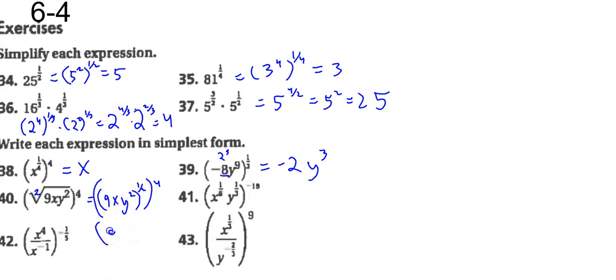That's going to be 9xy squared to the 2nd, because that's really a power of a power there. And now we're going to multiply. That's 9 squared is 81, x squared, y to the 4th there. So 81, x squared, y to the 4th would be your answer there.